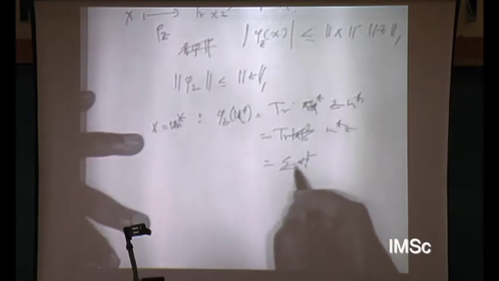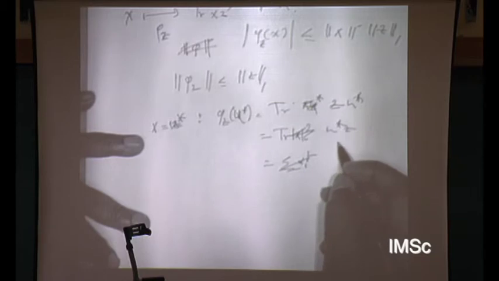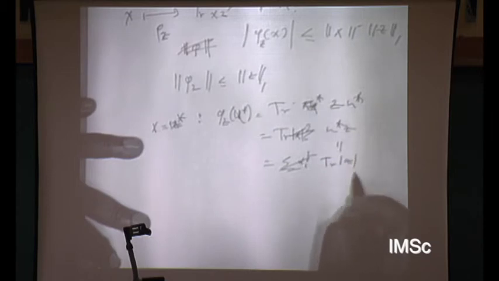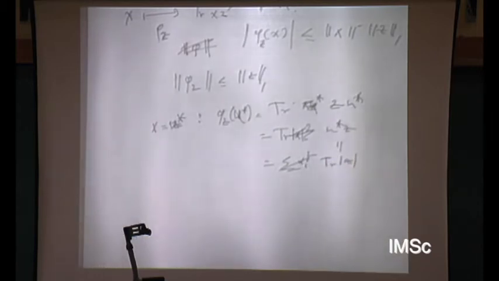Which is trace of mod z. Yes sir, thank you. U is a partial isometry.